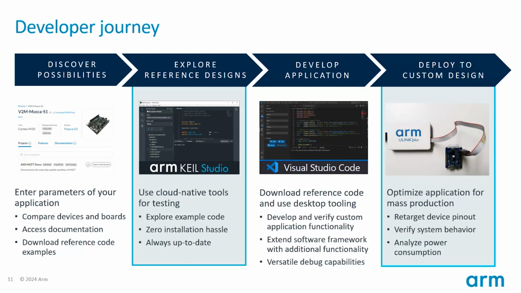Especially here, you usually start with an off-the-shelf development board, which you got maybe at a trade show or from your preferred distributor. And later, of course, you create your own custom hardware for your project. And then you can use Visual Studio Code, so Keil Studio, to deploy onto the target hardware.